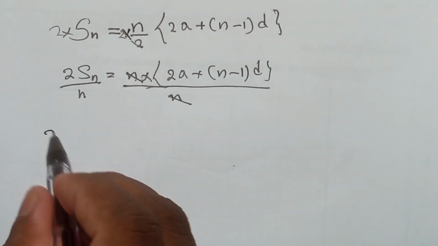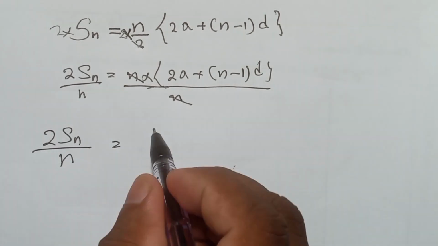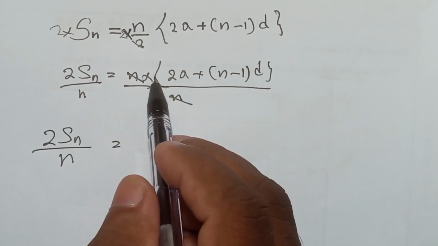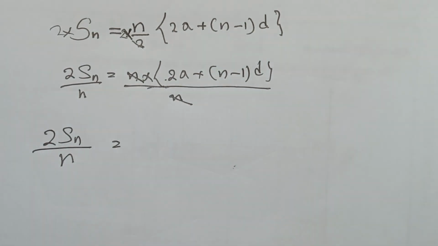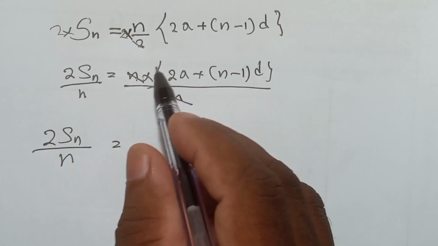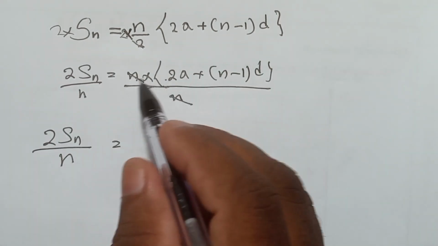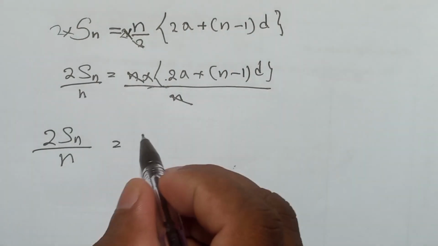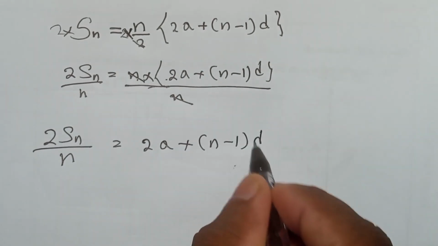So here will be 2Sn over n, and now look, outside the bracket there's nothing, so you can think as this bracket is gone. You don't need to put the bracket, that's the reason. There's no number outside the bracket, or you can think just one here. So at that time you can skip the bracket. So here will be just 2a plus n minus 1 d.